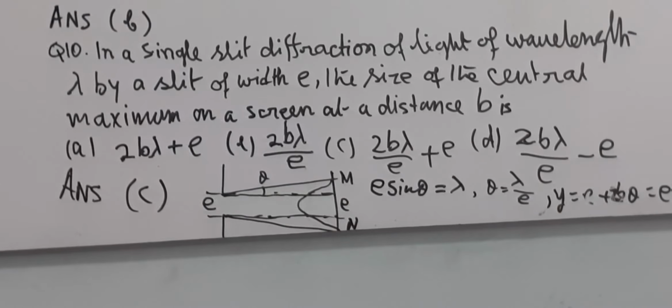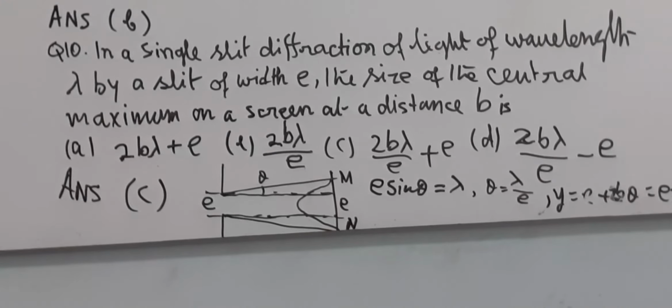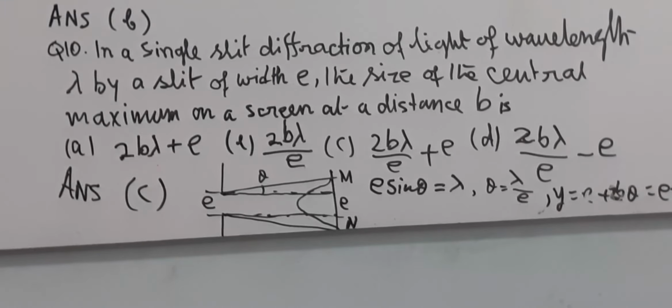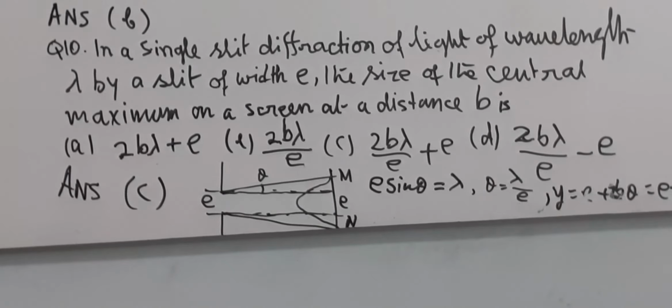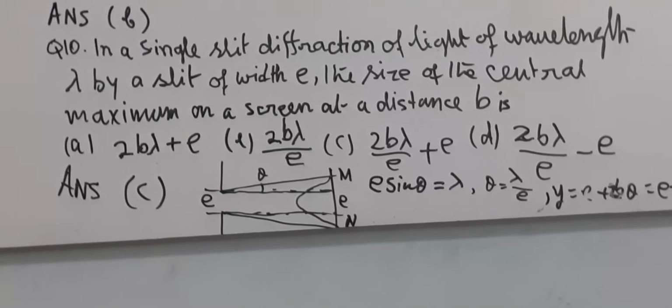From the diagram you can see that the fringe width will be twice B lambda by E plus E, C will be the answer, because E sin theta equal to lambda, or theta will be lambda by E, and that portion, that triangular portion, is shown, that fringe part lambda by E will be in the top as well as in the bottom.